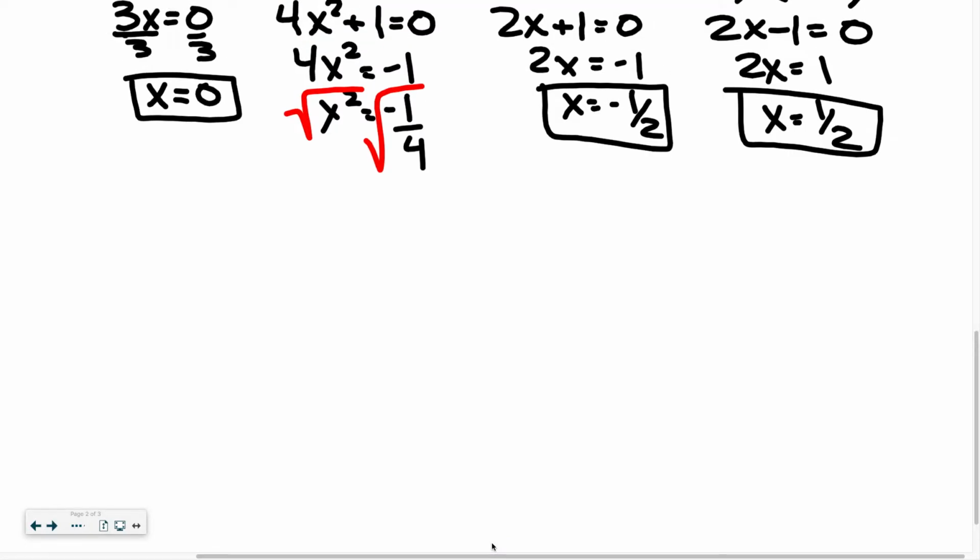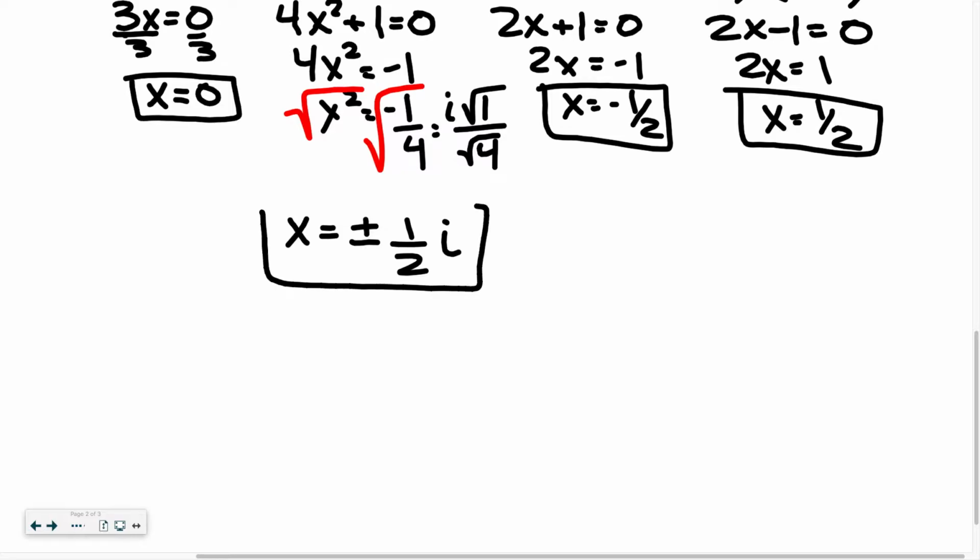If you square root a negative, your answer is going to be an imaginary answer, so we'll have an i in our answer. And if it's a fraction, remember you can treat it like the square root of 1 over the square root of 4. You can break it up for division. And so this is really plus or minus 1/2 times i. You write i times 1/2 or i over 2, that's all the same thing, so you really can't go wrong. 0.5i is the same.